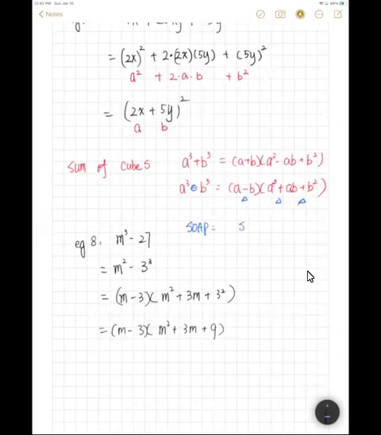SOAP stands for same, opposite, and then always positive. Look, if here is subtraction, the first sign would be same, which is subtraction. And then the second sign would be opposite, which is plus. And then the third sign would be always positive.